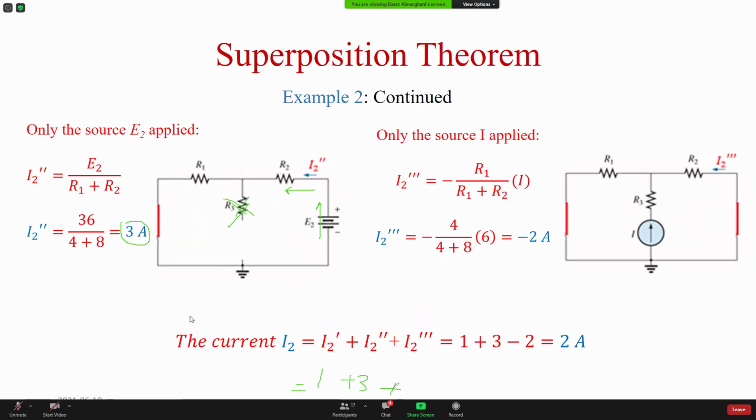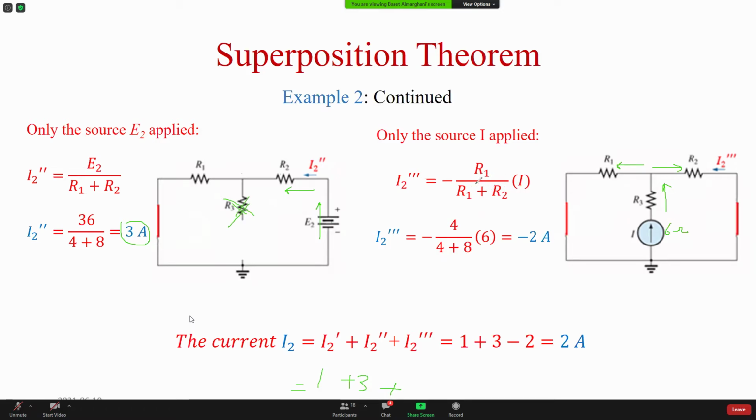Now we want to know the third source, which is the current source only. Those two are removed, short circuit, because they're voltage sources. Current is going this way. Some will go here, some will go here. This source is going to give me current opposite of my current, which is why it's negative. This current, which is 6, will be divided between R1 and R2, so I can use the current divider.